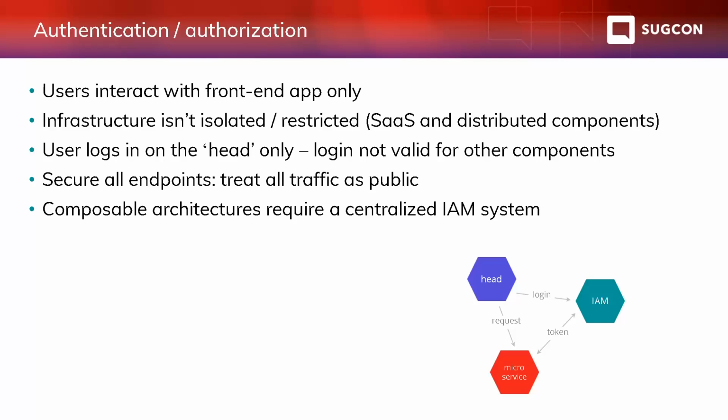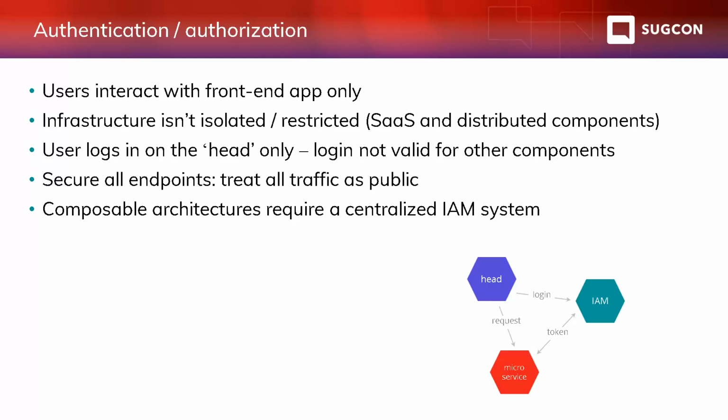Your users interact with the front-end app only, and if your only connection is with Sitecore or XM Cloud in that sense, then if a user logs in or identifies himself, that's valid for his whole session. But in a composable architecture with microservices and other services, which isn't isolated, you should treat every bit of traffic as being public.